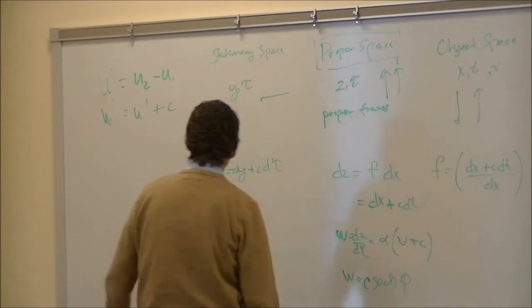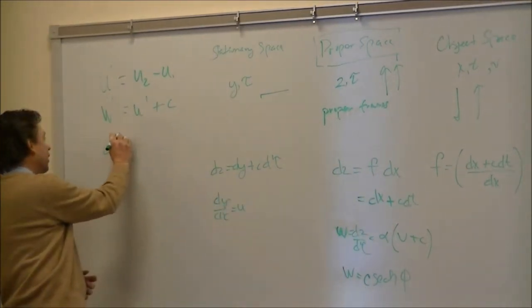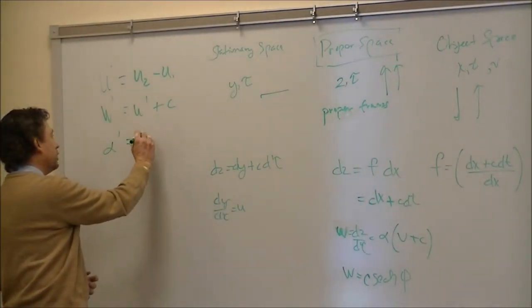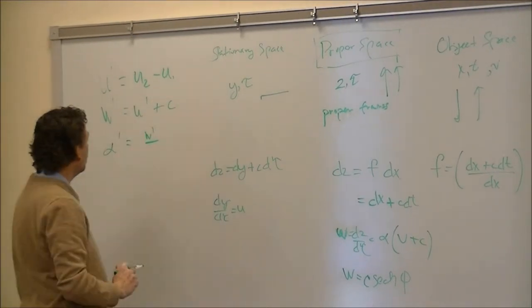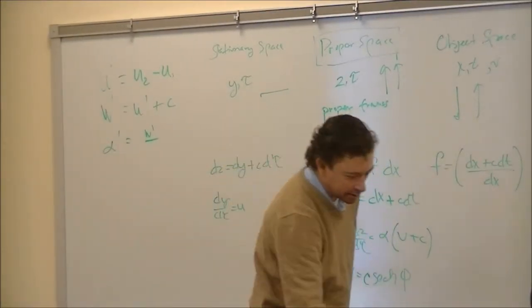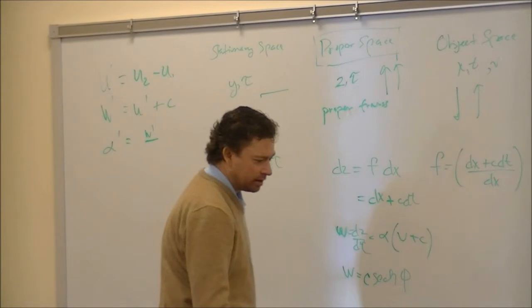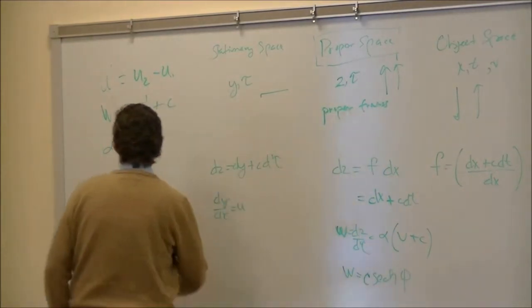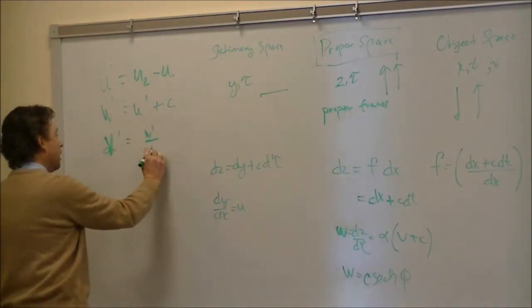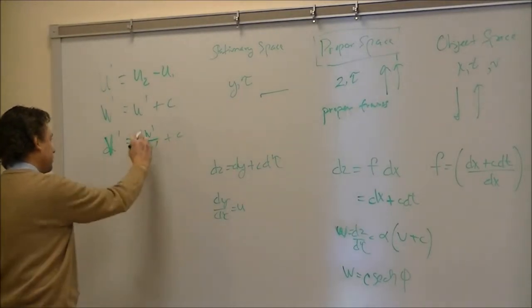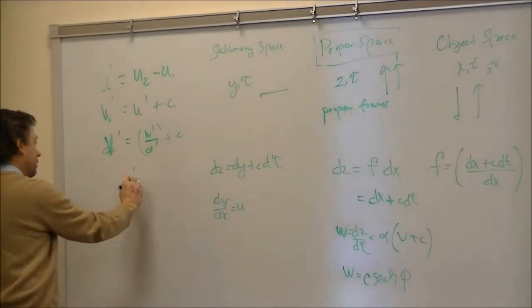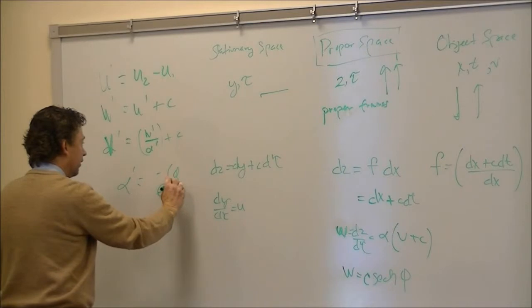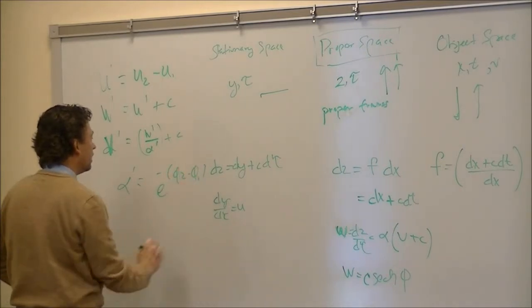And then, of course, we have alpha prime is equal to w prime over, I got that backwards. This is v prime, alpha prime plus c. And alpha prime is going to be given by e to the minus phi2 minus phi1.